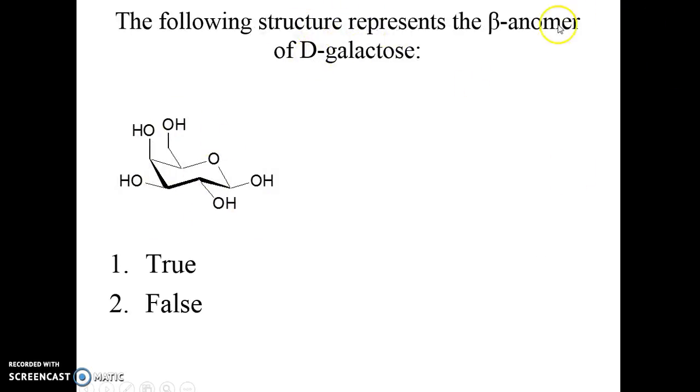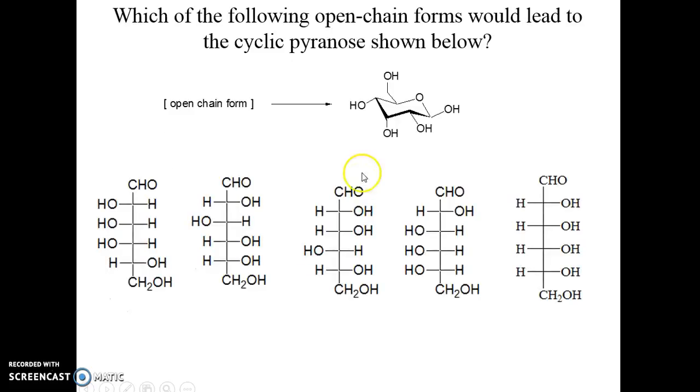This structure represents the beta anomer of D-galactose. Well, right here, let's look at this carbon right here. That's the anomeric carbon. This is up, so that would be beta. So that is true. Which of these would lead to the cyclic pyranose?